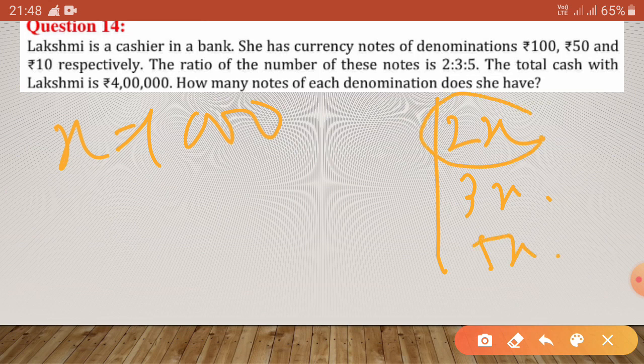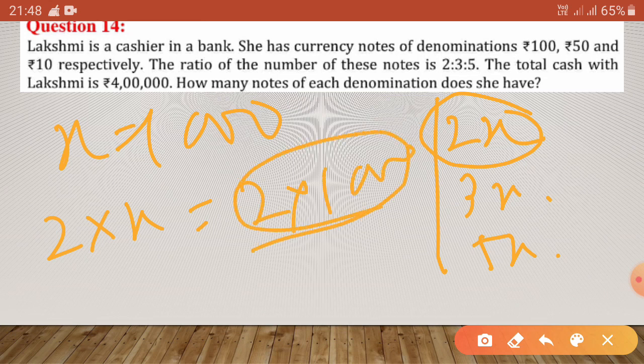So the number of notes for 100 currency will be 2 into x, that means 2 into 1000, that means 2000. So the number of 100 currency notes is 2000.